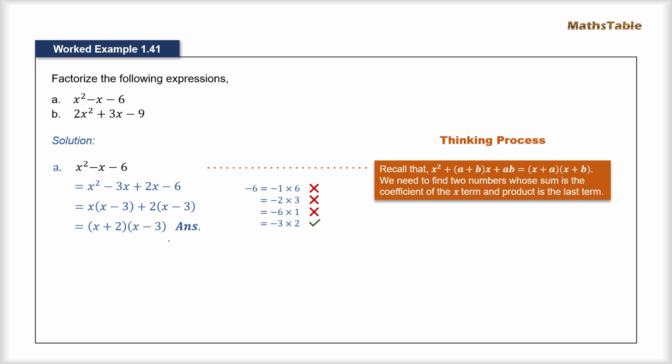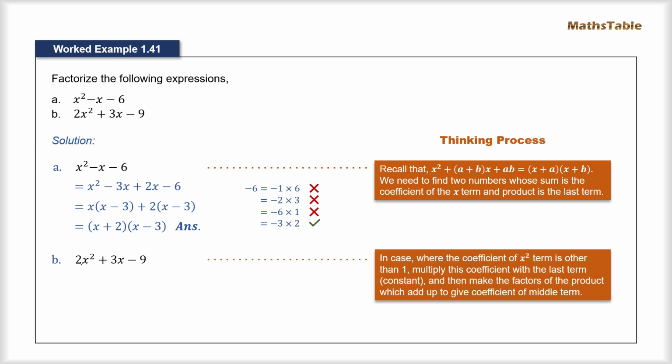So this was how we can factorize a quadratic expression which cannot be factorized using any of the algebraic identities. Now in the second part, we can see that there is one difference, which is that the coefficient of the x squared term is other than 1.